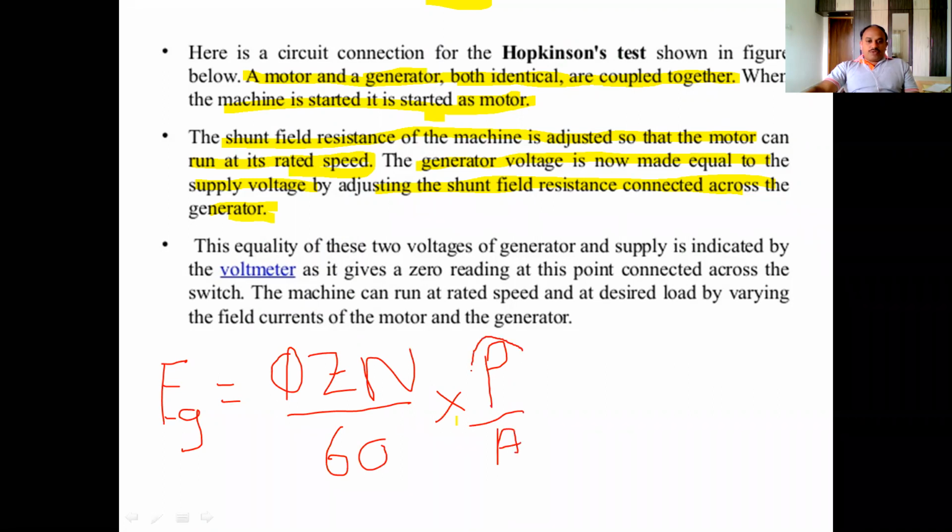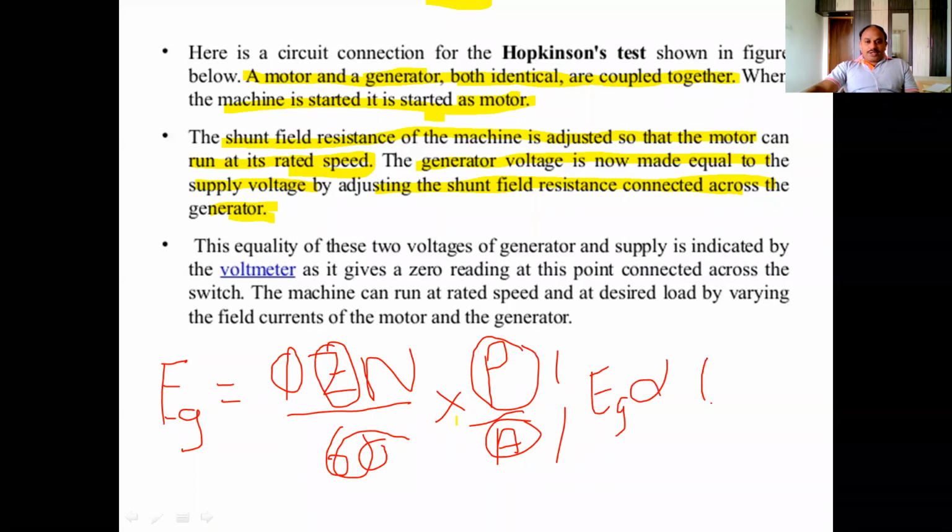Poles are fixed once the machine is designed, parallel paths are fixed, conductors are also fixed, and 60 is also fixed. So the generated EMF in a generator is proportional to flux and speed.